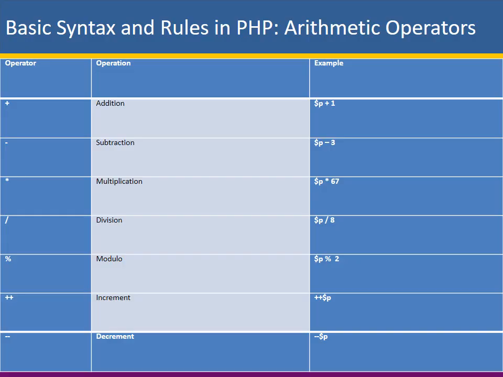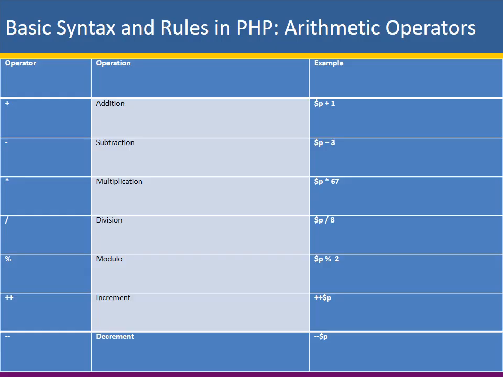We have the multiplication, the asterisk. We have the division, the slash operator. We have the modulus, the increment as double plus sign, and the decrement as double minus sign.